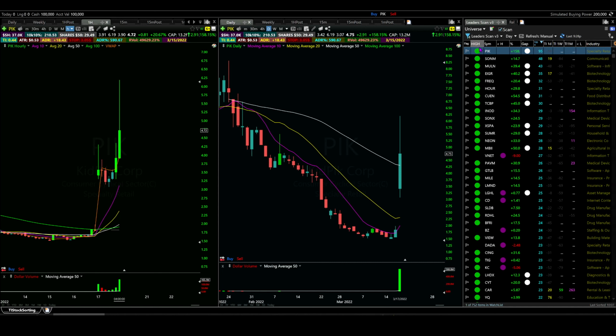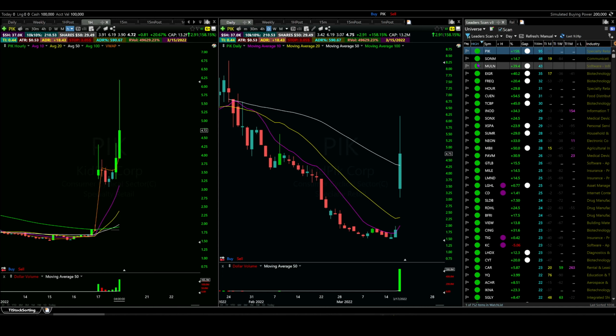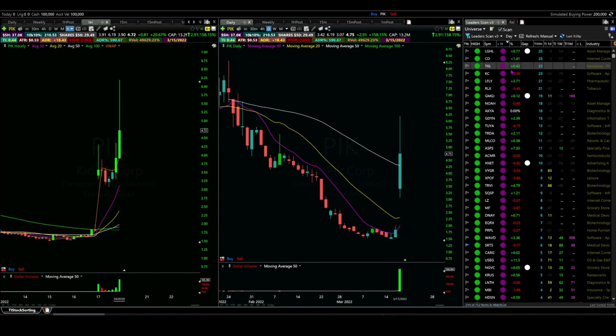I have a couple of lights here. I call them lights. The green light just means high: it's making a new high in the daily candle from its last high. Then I have another one, less than high, which is this purple one, and it means the candle is closing lower than its previous high.